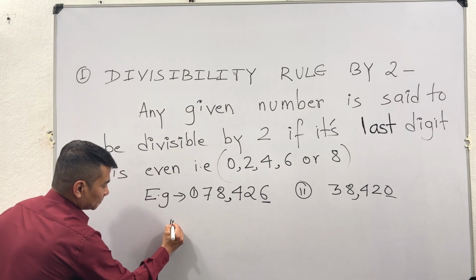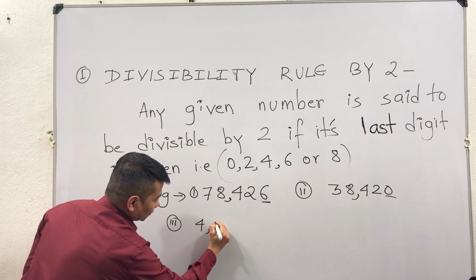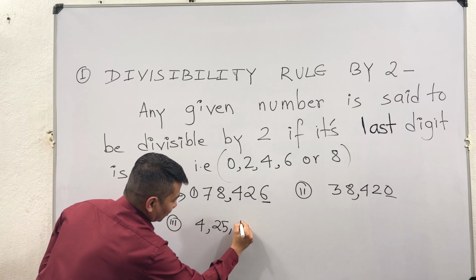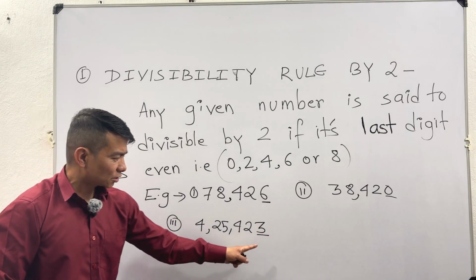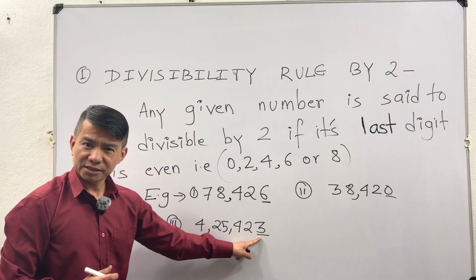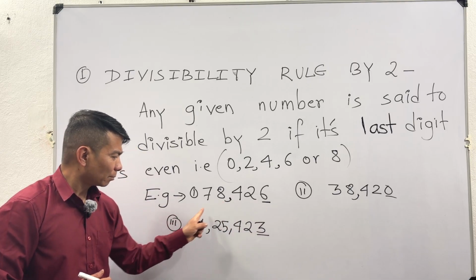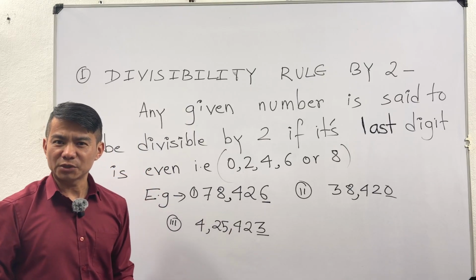Similarly, number 3, say 425,423. Look at the last digit, it is 3. 3 is not an even number, it is an odd number. So if the last digit is not even, then the whole number is not divisible by 2. So this number is not divisible by 2.